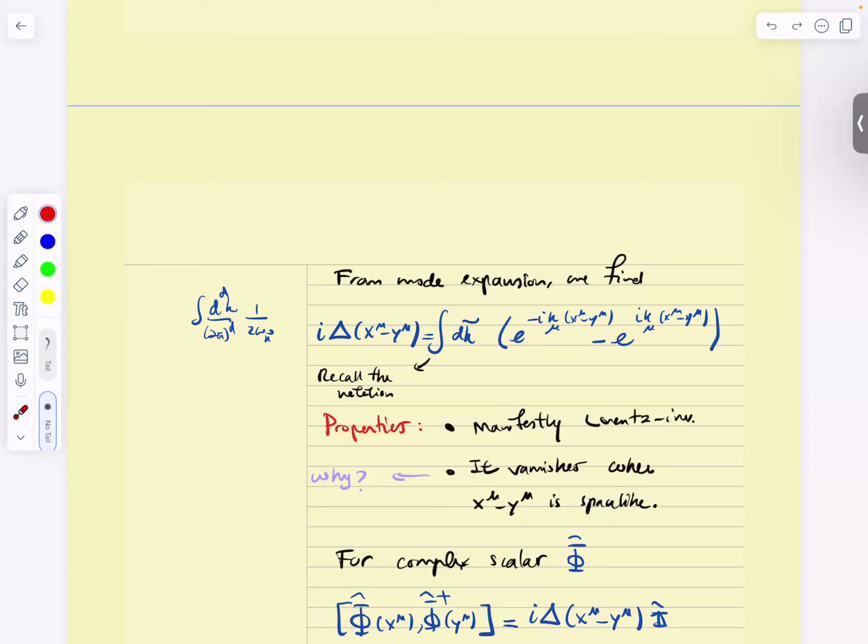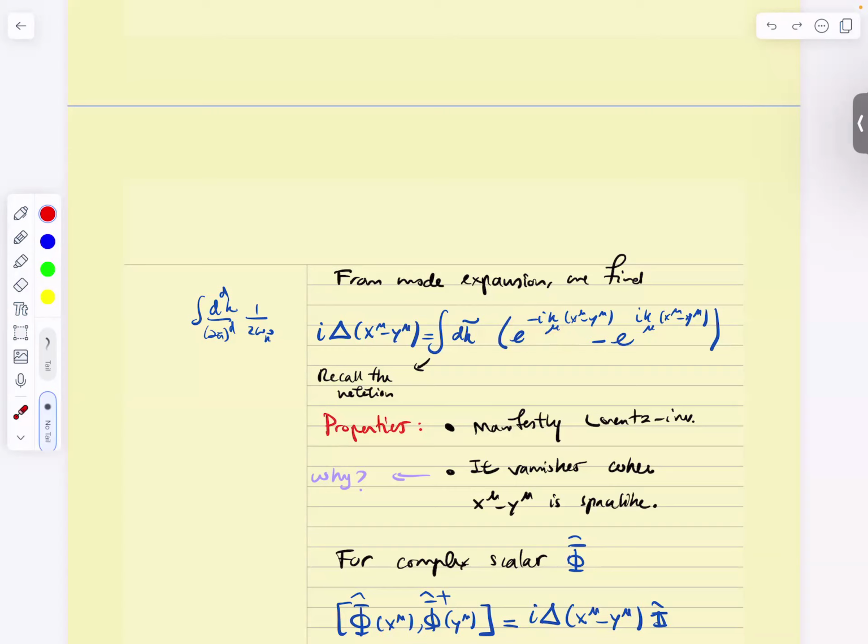What was in the expansion of phi? There was an integral over spatial k, e to the power of i k x a k plus a k dagger e to minus i k x. So I get the minus sign here with a k, for example, and then the plus sign with a k dagger, right?